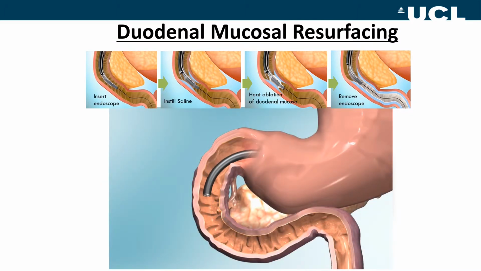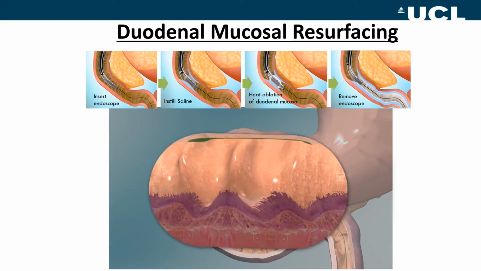bespoke balloon is inflated alongside this wire, and this balloon has a unique property in that it is able to inject into the submucosa liberally to create a cushion, minimizing the risk of stenosis after thermal injury, but also mitigating any risk of transmural injury.